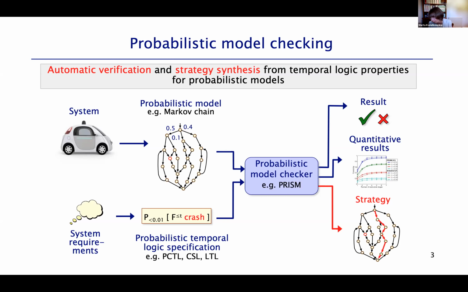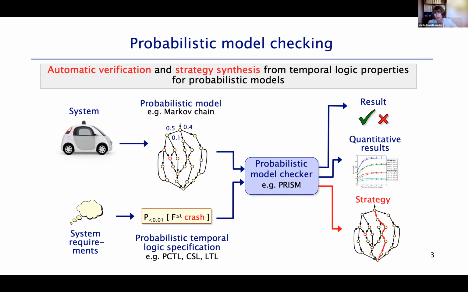I'm showing you here the Google car as an example, but in fact the airbag controller sitting in that car, or perhaps some other controllers, these are all probabilistic models that can be described in the modeling language of PRISM.